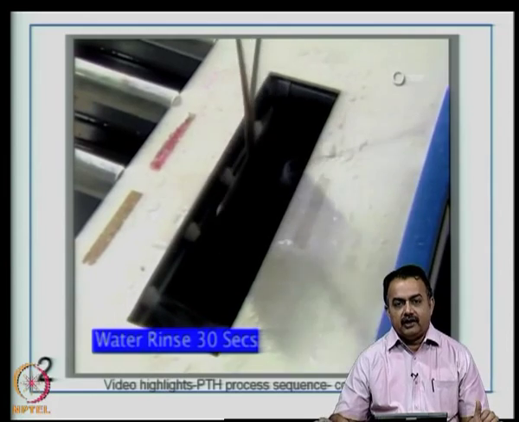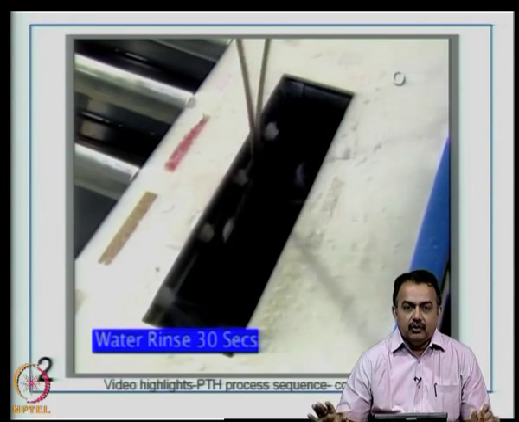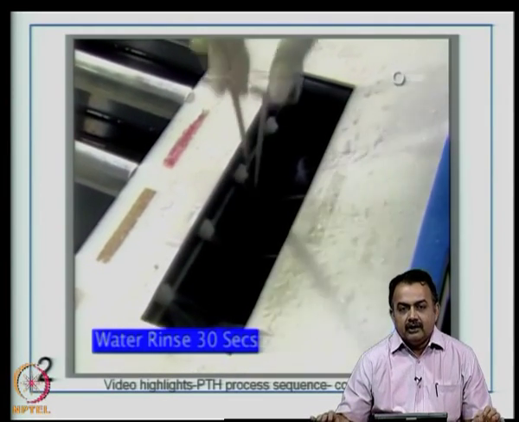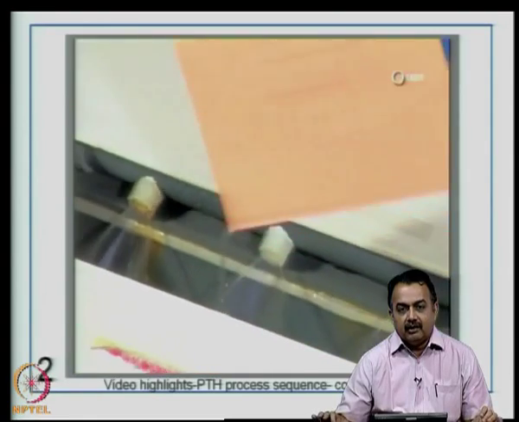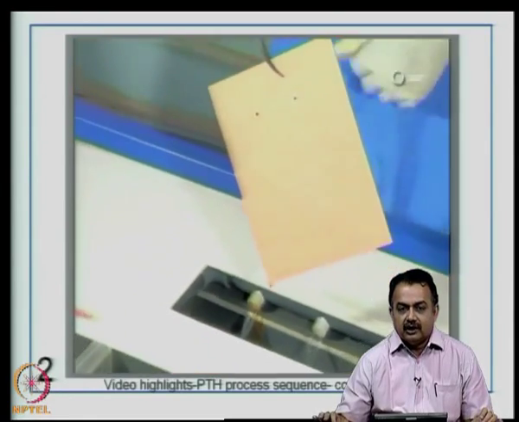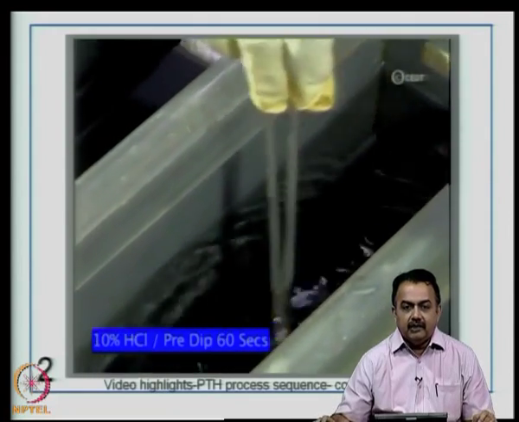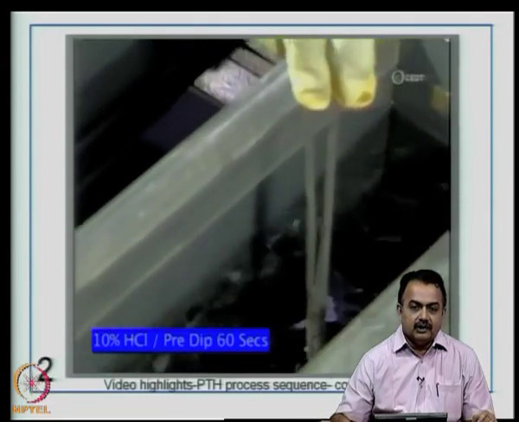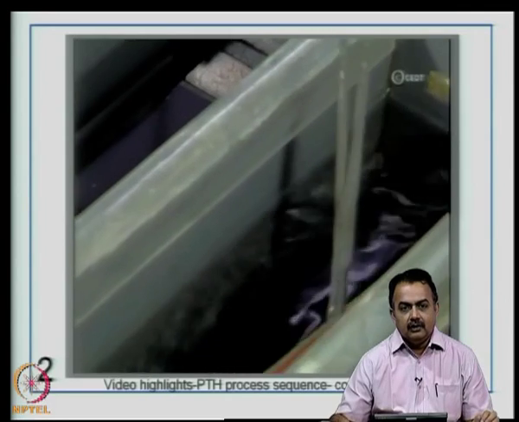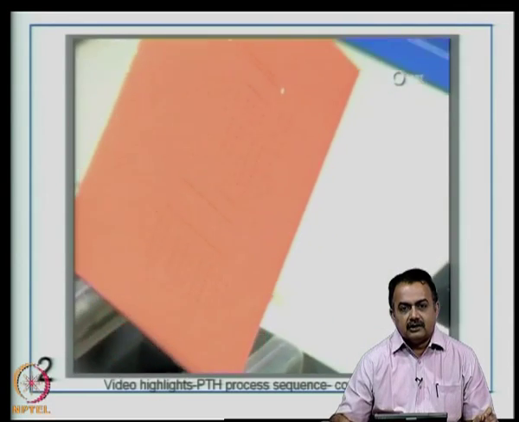So, you can see after any chemical dip we do a water rinse, because there should be no transfer of one chemical from a tank to the adjacent tank, which can be a different chemical. Now, we are activating it as you have seen in the illustrations in the slides using 10% hydrochloric acid solution. This is for about 60 seconds.